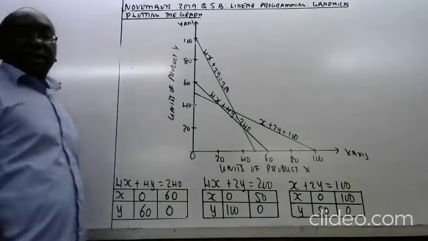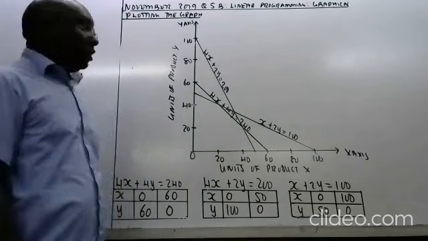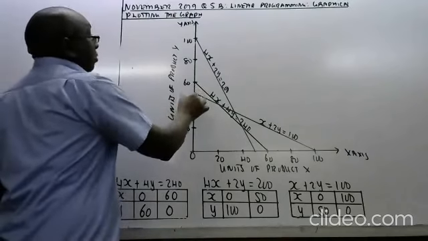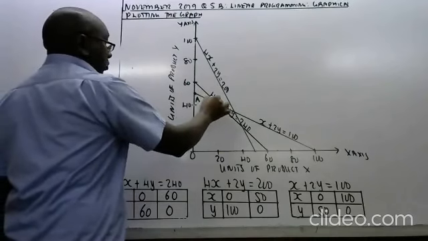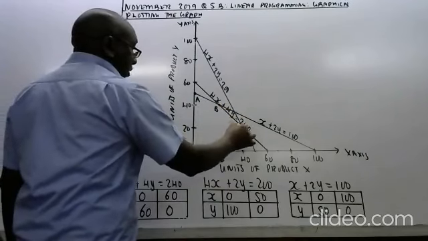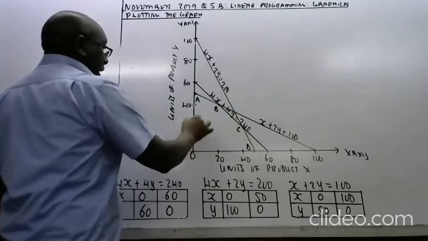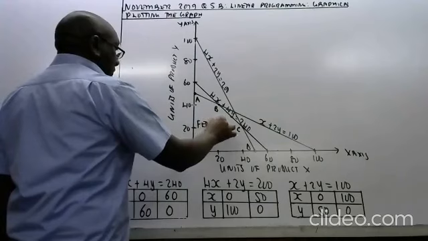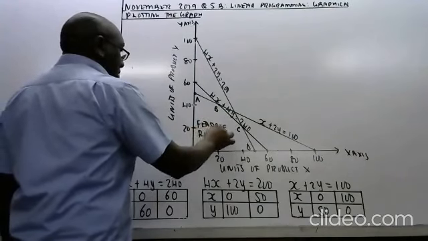And like what we did in class, labeling all the corners, here we shall just label the one that will be of interest. You can label this to be corner A, this one to be corner B, this is corner C, and this one you call it D. And remember now, this is our feasible region.